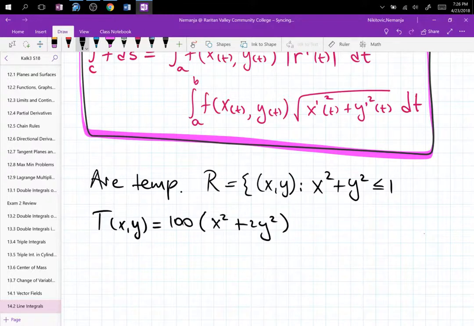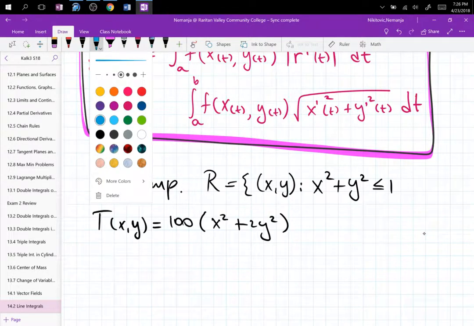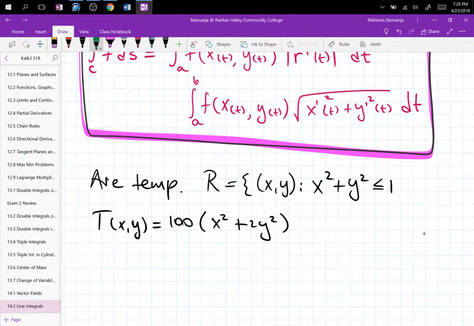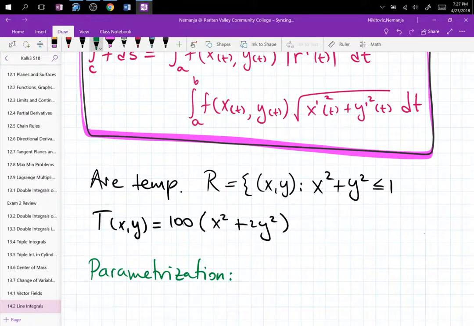So our circle, maybe I should use a different color for this. So how about dark green? Parameterization. So throughout the years, students generally don't have issue with remembering the formula.